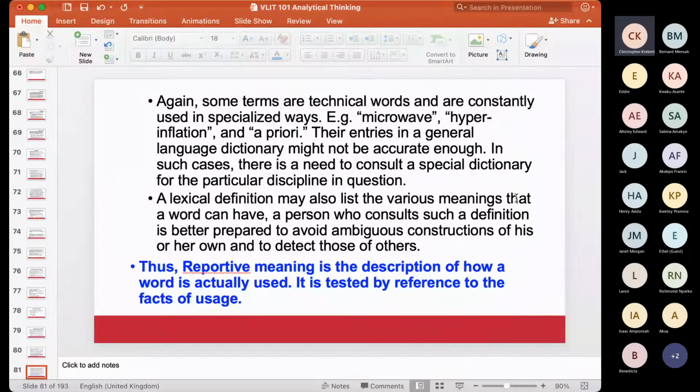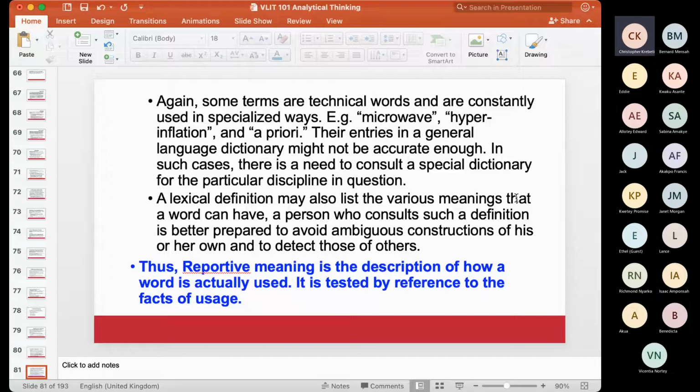Hyperinflation, they'll be talking about economics. So if you don't know this as a specialized term, and you need an economics textbook to understand it, you have a problem. A priori, the same thing. It's a philosophical term. So if you don't have a philosophical dictionary, you can't understand it. So some terms are technical, they are specialized, and you need specialized dictionaries to understand them.